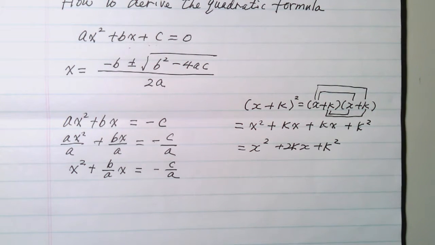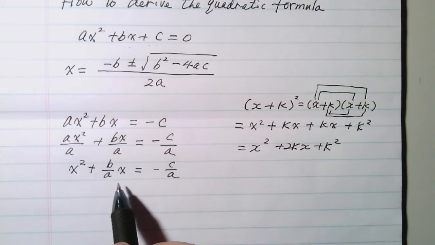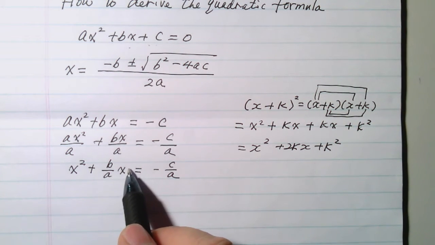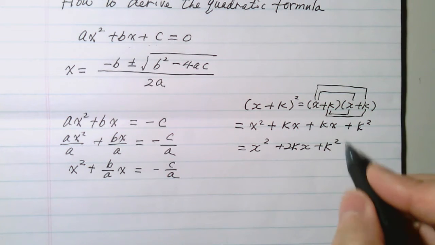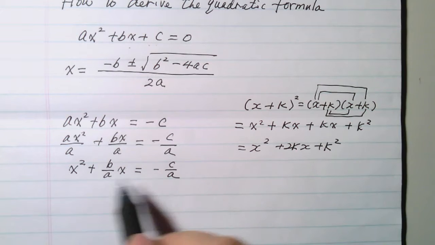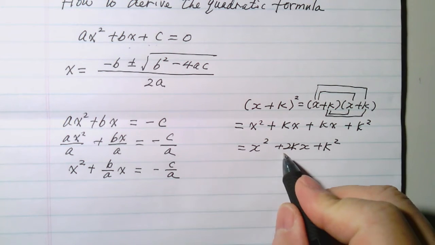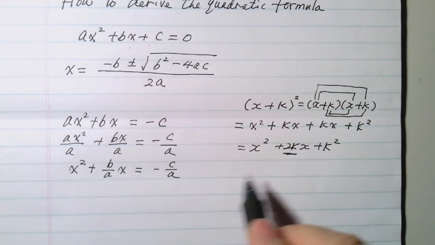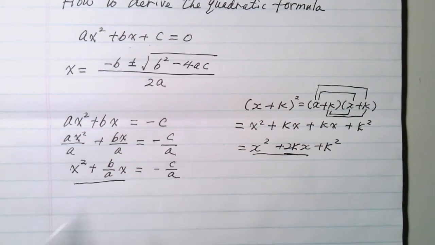Now, in order to get a perfect square, obviously I need to add a number, say the k squared. Then we can get this whole thing as a perfect square. The question is, what is k? Look here, I compare these two terms with these two terms.